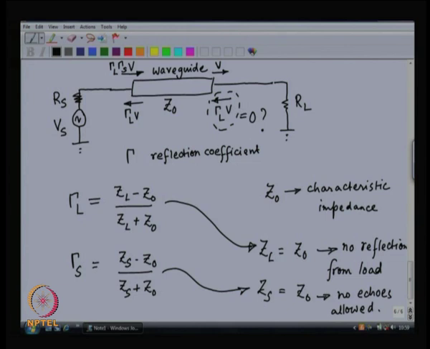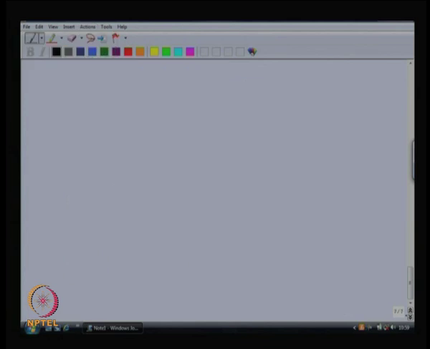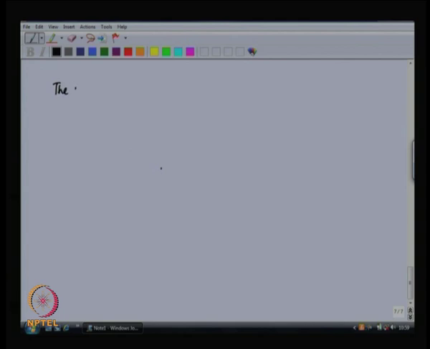So, now that we understand this, the kind of sentence that we are going to use is like this: the input of the LNA has to be matched to the Z naught of the antenna.